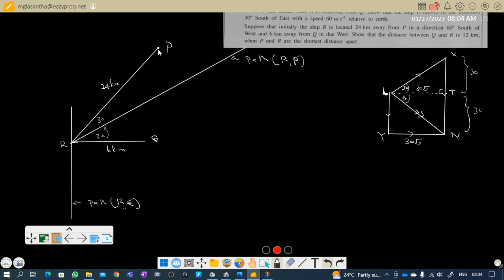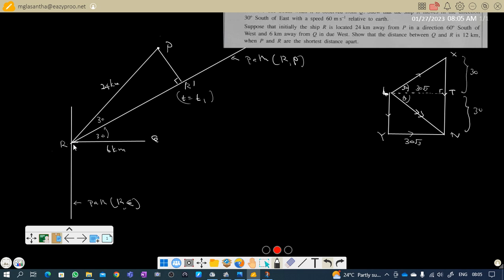When P and R are closest, you can draw a perpendicular here. Right? So this is the time. So you can take R dash. When P and R are closest, you can take this time T equals T1.